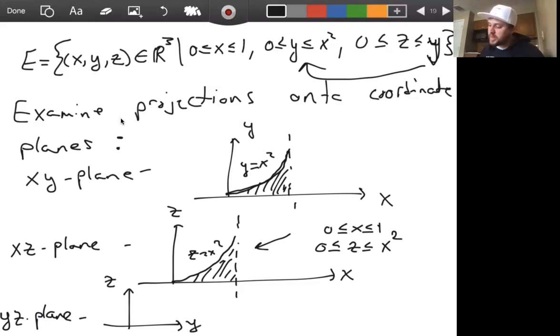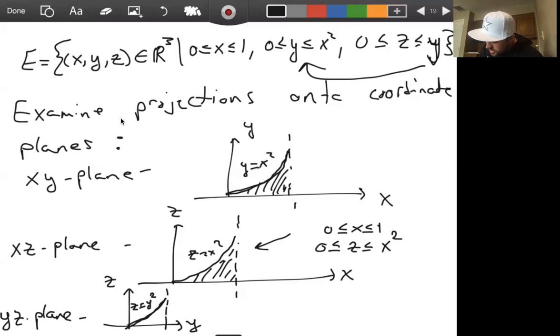Well, in the yz plane, y is bounded between 0 and x squared, right? But we're looking between the bounds z equals 0 and y. And so we get the line z equals y squared, right?